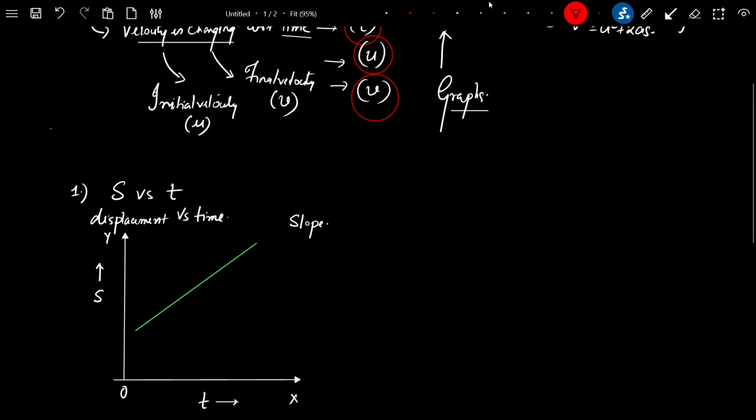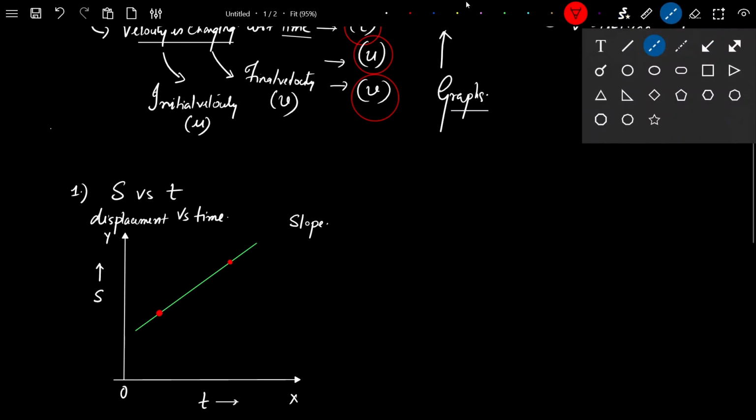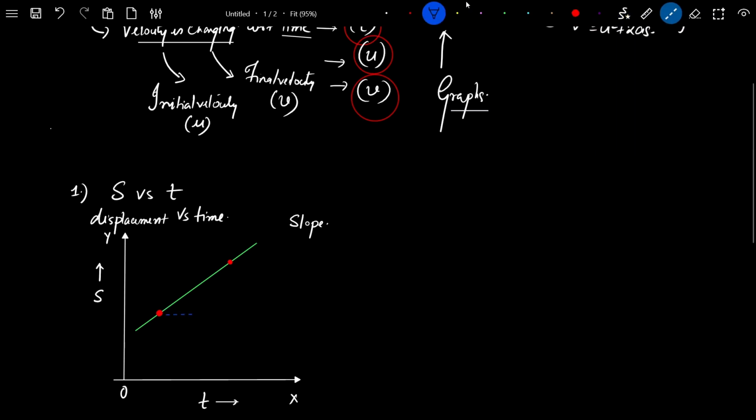Whenever we talk about slope, it's a straight line, so the slope is constant everywhere. Let's take 2 points and let's try to find out what the slope of this graph tells us. By now we are pretty familiar with it, the slope is rise over run.